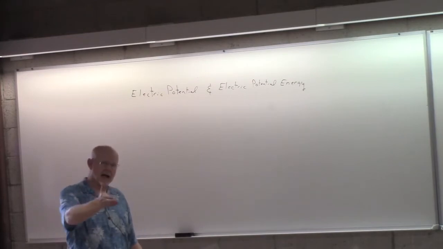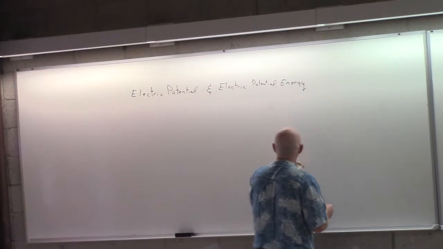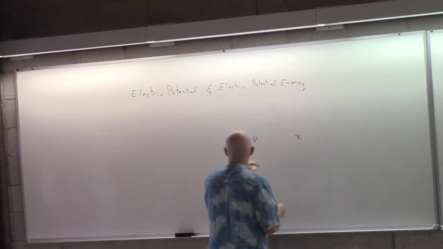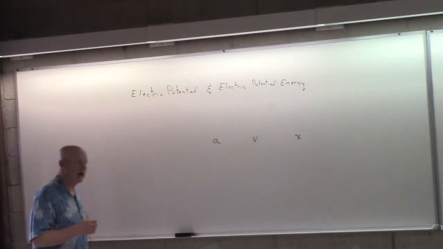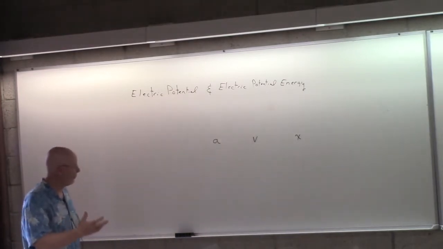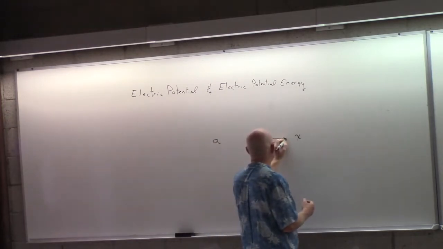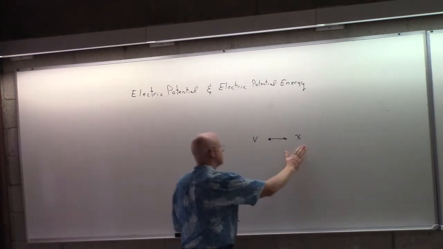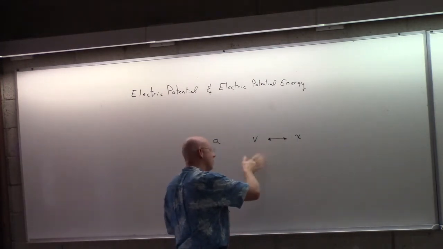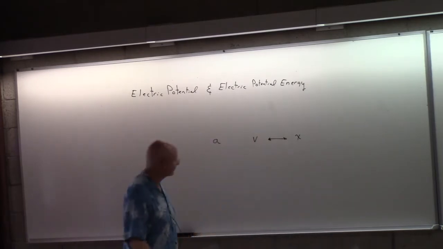Let me go back to last semester. We learned, starting at the very beginning of the course, I guess chapters 1, 2, and 3, that there is a connection between position and velocity. If you know position, you can take its derivative and get velocity, or if you know velocity, you can take the antiderivative and get its position.